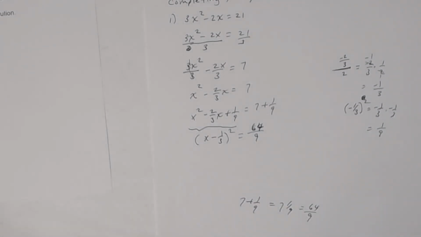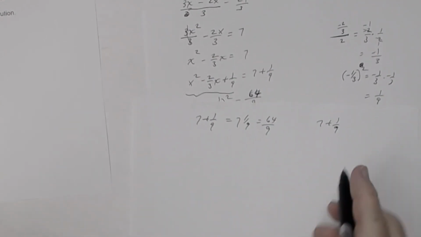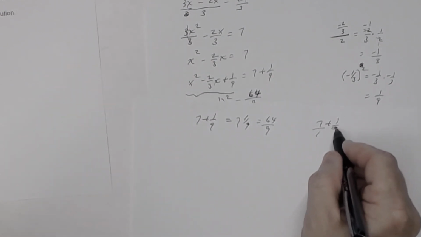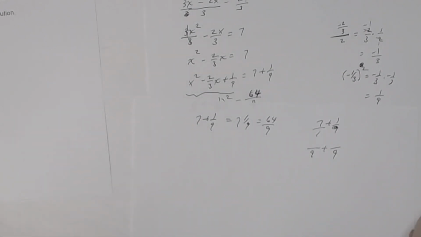Okay? And you could have used your calculator, or if you wanted to, you could have done this by hand by finding the least common denominator. So the least common denominator of 1 and 9 is 9. So you're going to write 2 fractions with that denominator.